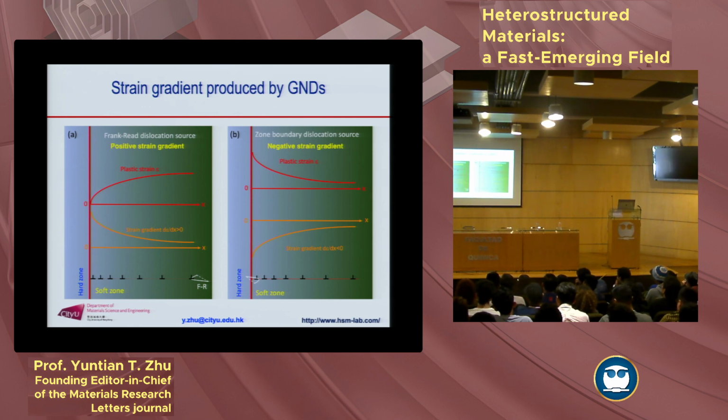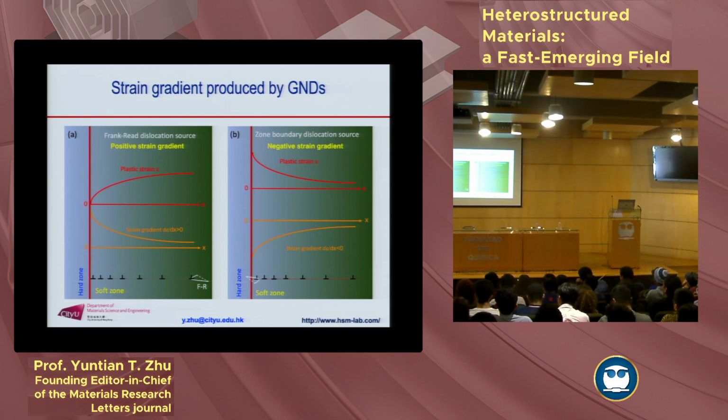It's like this. Okay? If you look at it, you derive it, the derivative as a function of distance from the interface is positive. So you have a strain gradient. So if you have GND pile-up, you have a strain gradient. Okay? So they are all linked together. And if you have GND pile-up, you have back stress, you have HDI stress, and you have a strain gradient.